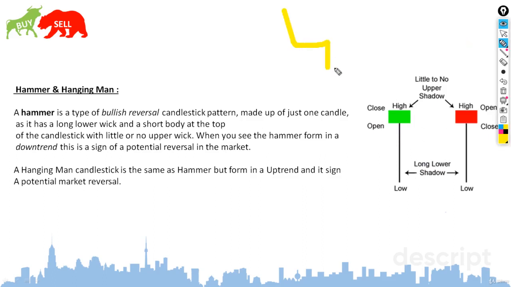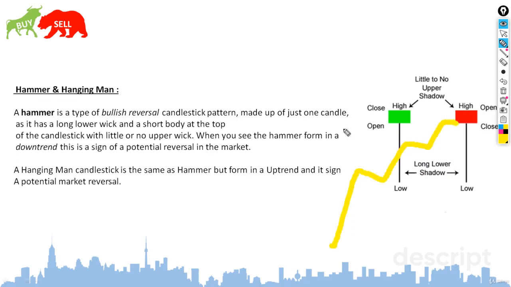So we name it a hammer if we find this candlestick in a downtrend. For example, we have here a downtrend. At the bottom of the trend, we see this candlestick. We name that candlestick a hammer. It often signals a potential trend reversal, like this. The hanging man is the same candle, like this. Generally we find a hanging man in an uptrend, at the top of an uptrend.